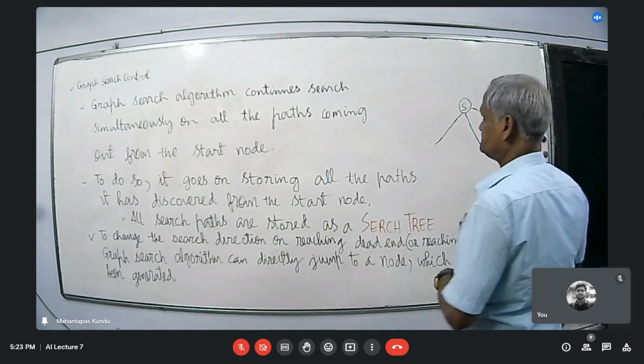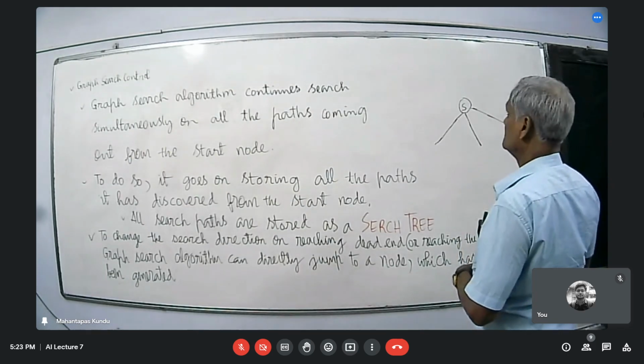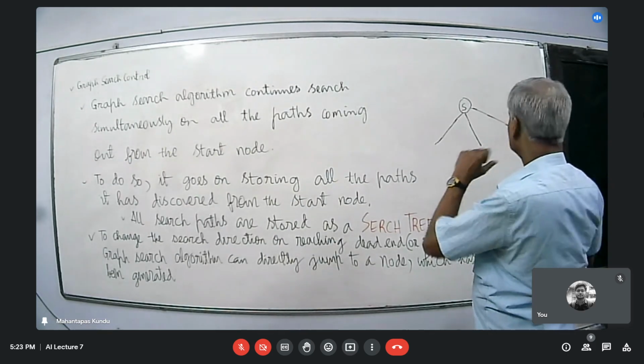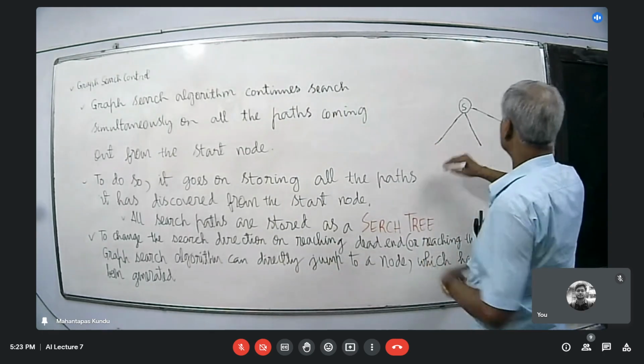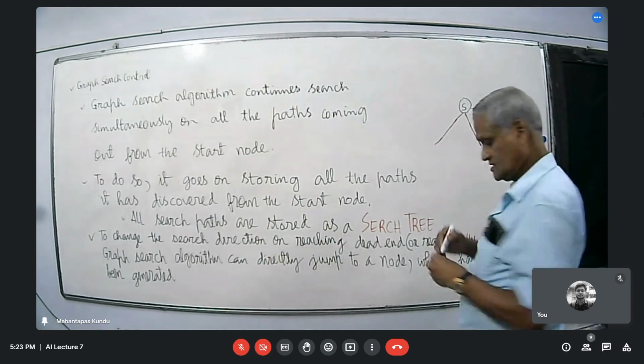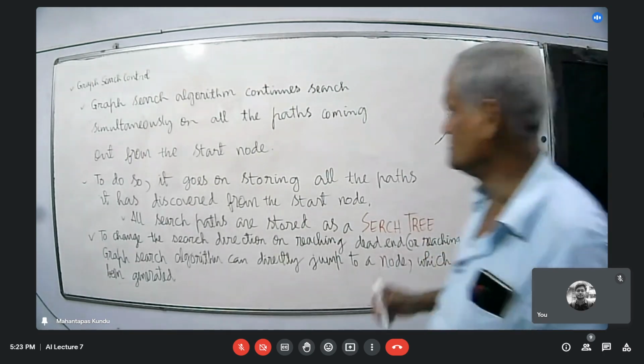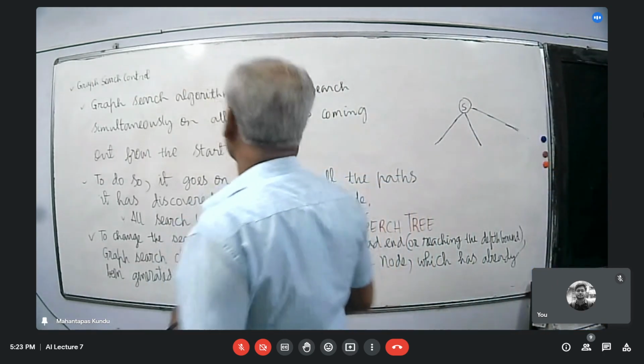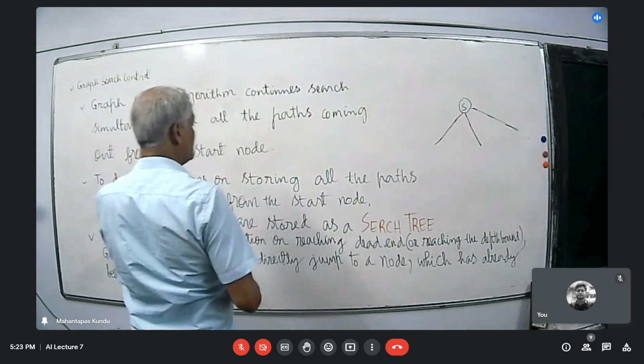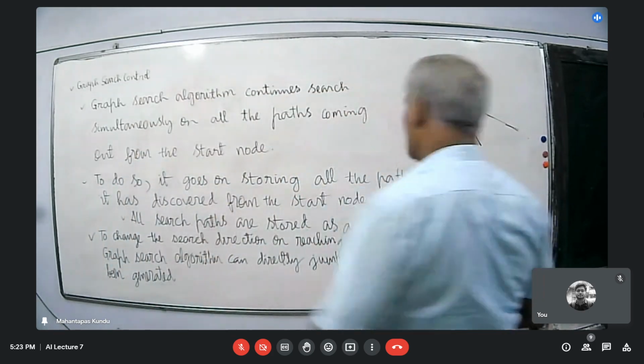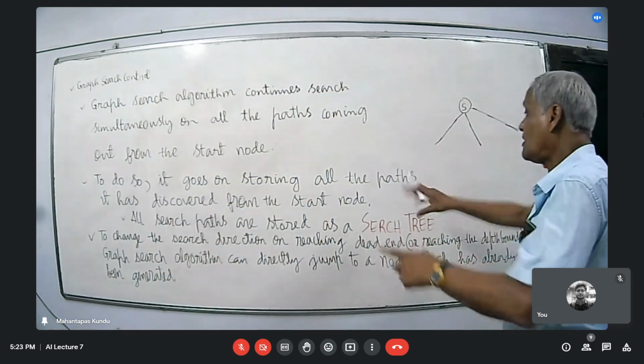So all these paths are explored simultaneously. Now to do so, it goes on storing all the paths it has discovered from the start node.